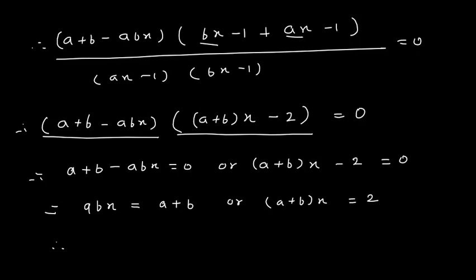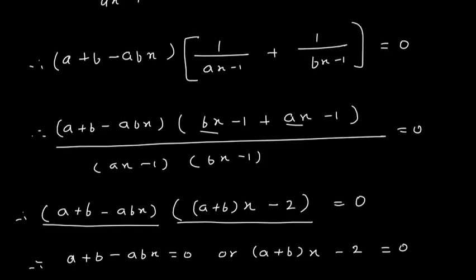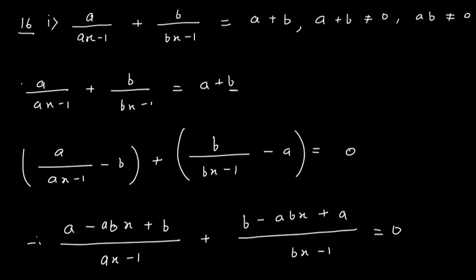So therefore we have x is equals to a plus b upon ab, or we have x is equals to 2 upon a plus b. So this is the value of x. Either x is a plus b divided by ab, or x is 2 upon a plus b. Okay, so this is our first problem of 16th question.